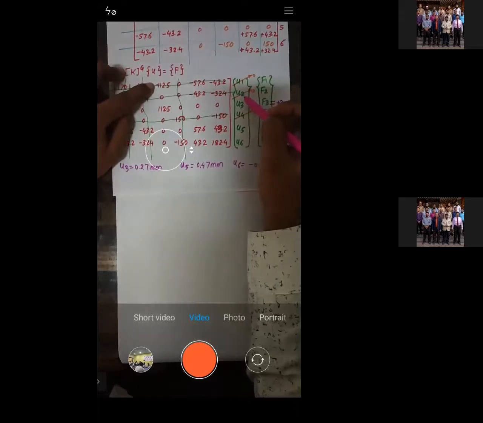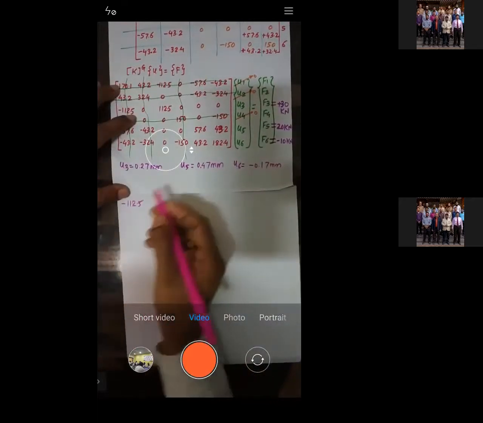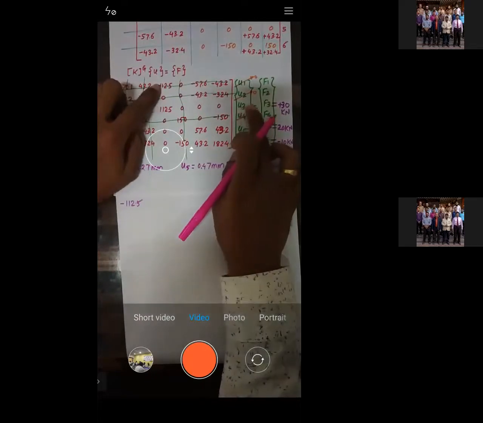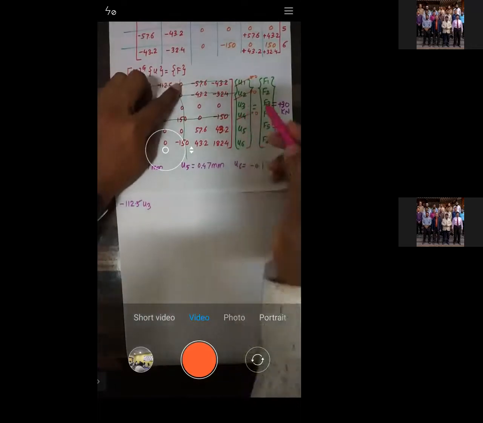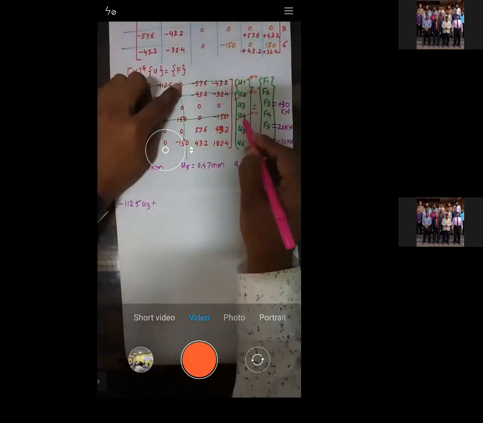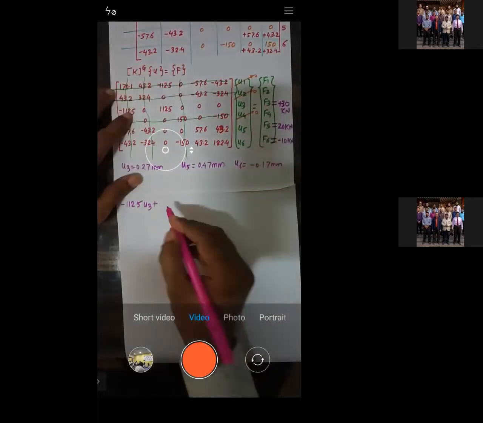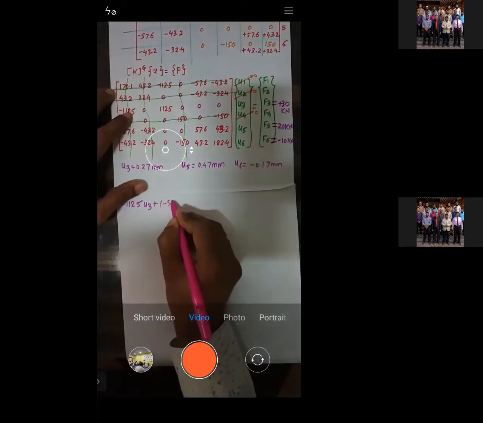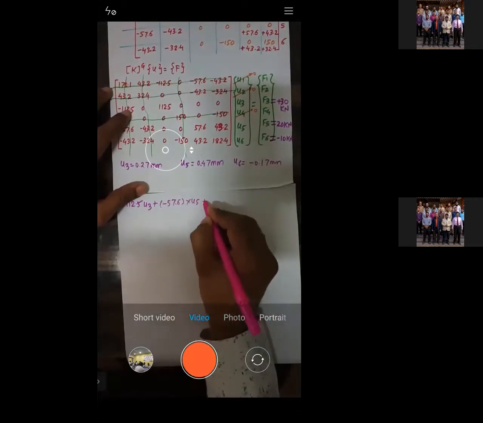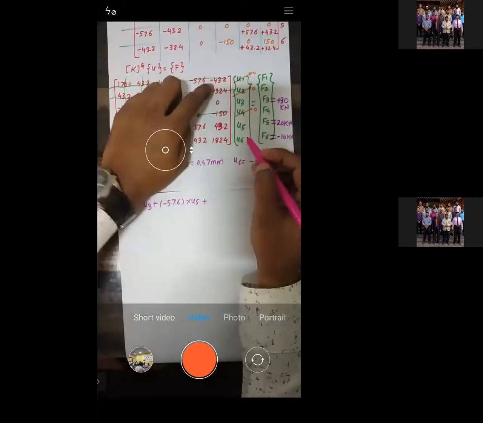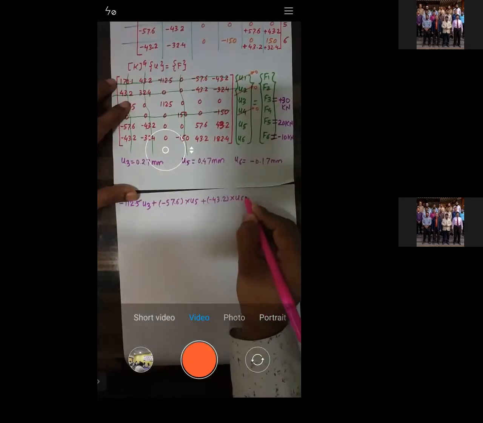So what remains is minus 112.5 into U3, then plus 0 into U4, there is nothing. Then minus 57.6 into U5, plus minus 43.2 into U6 is equal to F1.